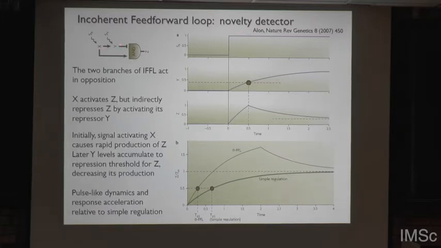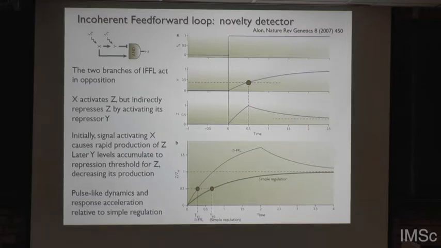Now X is giving the signal to Y, so Y essentially after a delay starts showing a rise in its activity. Now what happens at Z? So Z first receives a signal from X, so it starts rising, but after a while it starts receiving this inhibitory signal from Y, and so this inhibitory signal cancels out this activatory signal, and so it starts to decay.